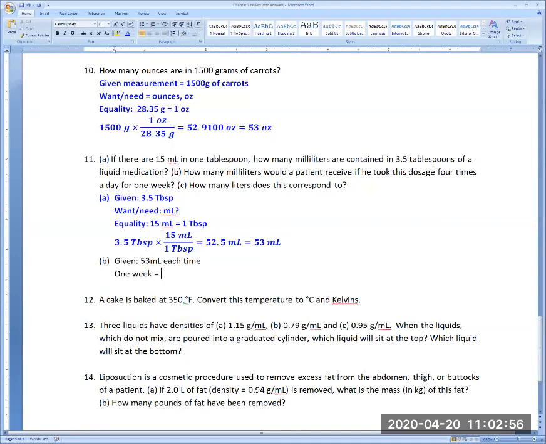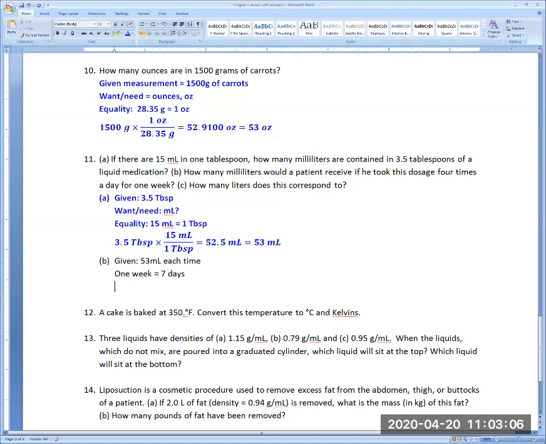So 1 week, how many days in 1 week? 7. And how many times per day? So in 1 day, you're supposed to take it 4 times, right? 1 day, 4 times. So you need to take it 4 times per day for 1 week, for 7 days.